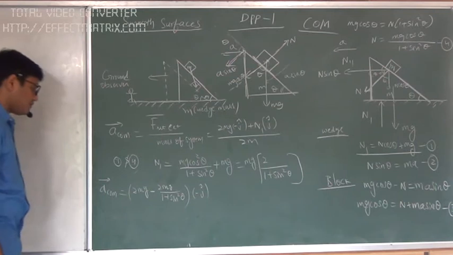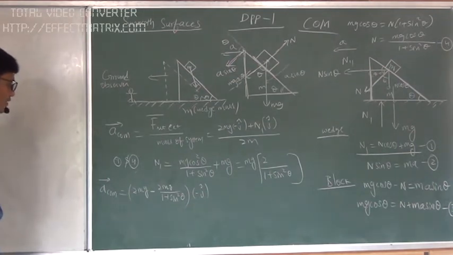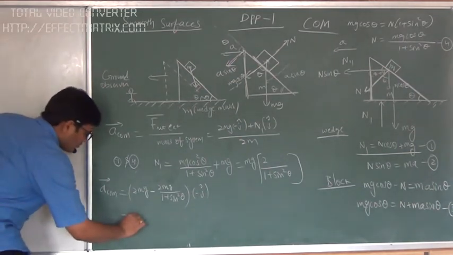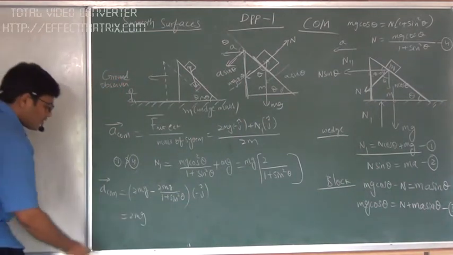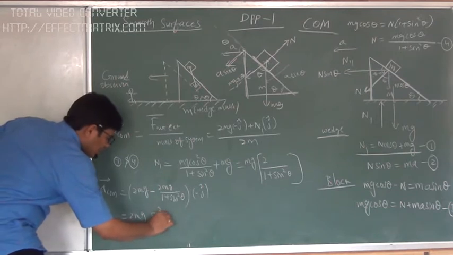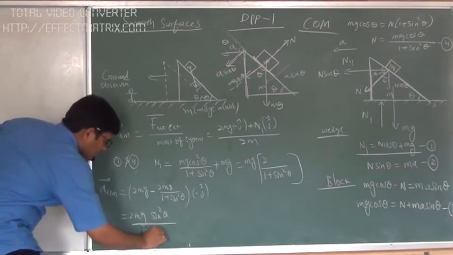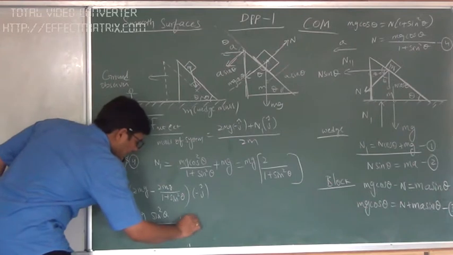Take 2mg common. What comes out of taking 2mg common? 1 plus sin square theta minus 1. What are you going to get? Sin square theta upon 1 plus sin square theta.